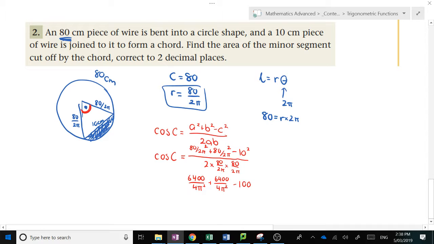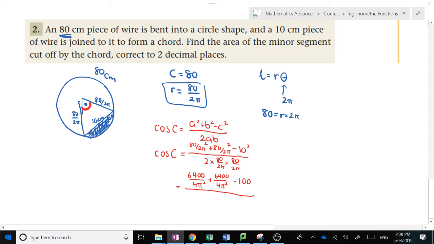Minus 100 over 2 times 80 times 80. 12800 over 4 pi squared. 80, because 80 was here.